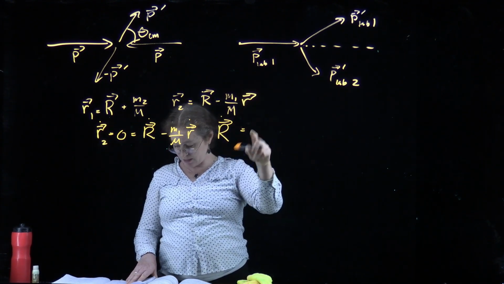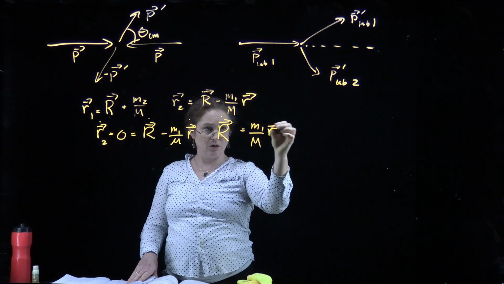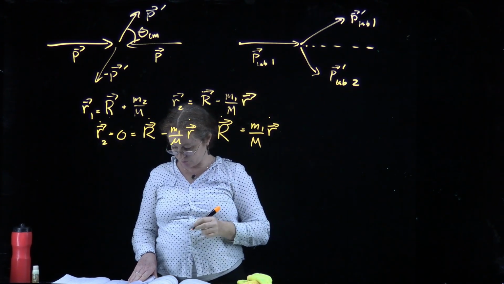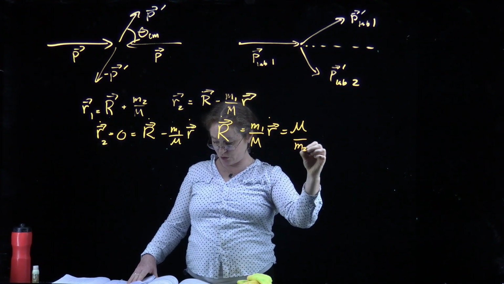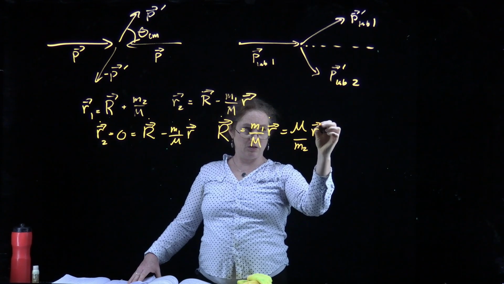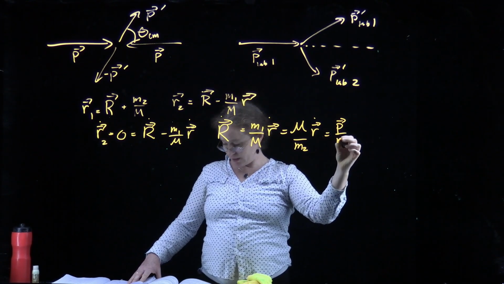R dot is M1 over M R dot, which is the same thing as mu over M2 R dot, which is P over M2.